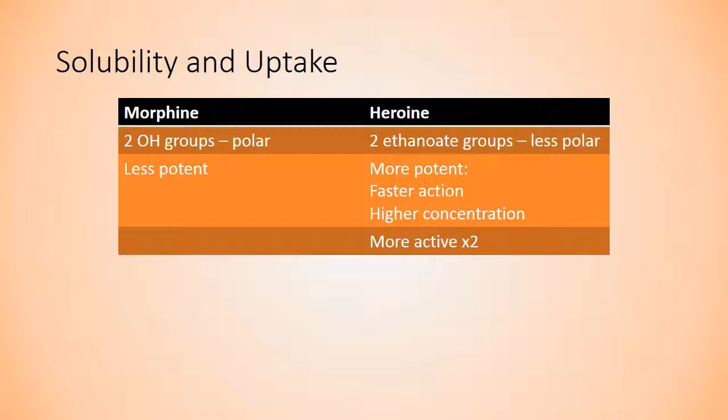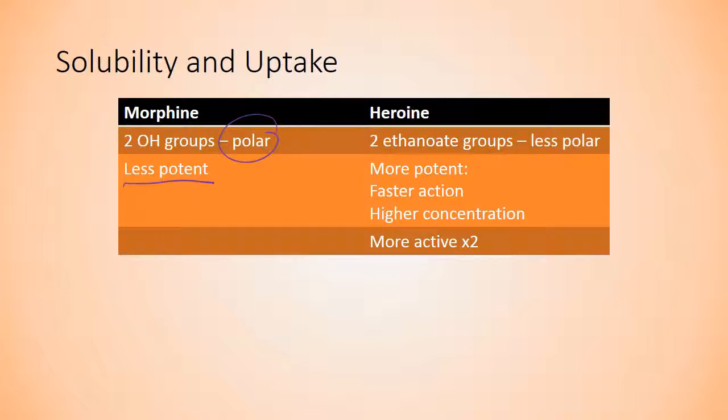So therefore, going back to morphine and heroin, as we talked about back in the analgesics, we know morphine has those two OH groups, which means it is polar, but it is small enough that it can cross the blood-brain barrier because it's not extremely polar, because it does have some nonpolar sides, but it is still polar. So it's going to be less potent.